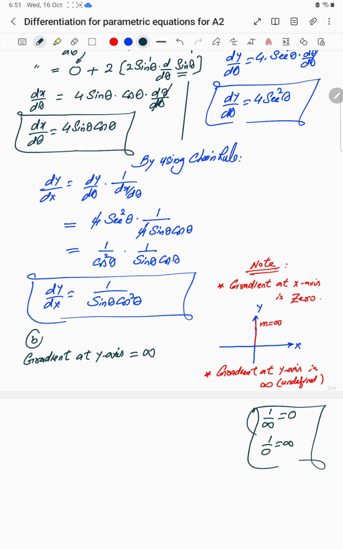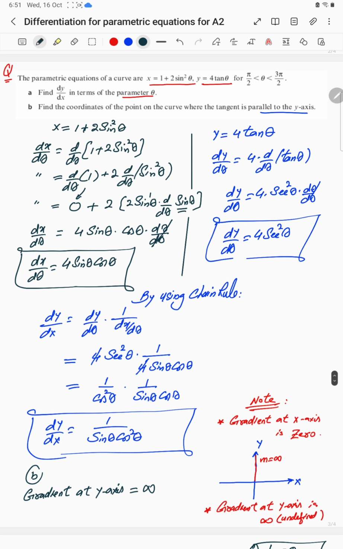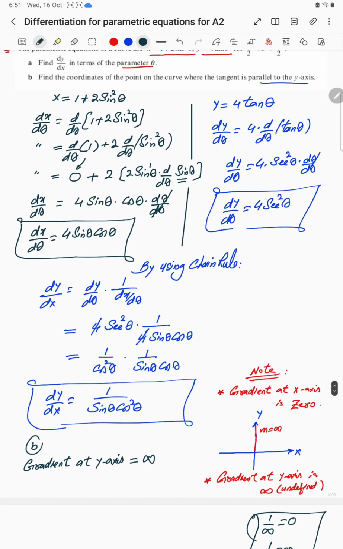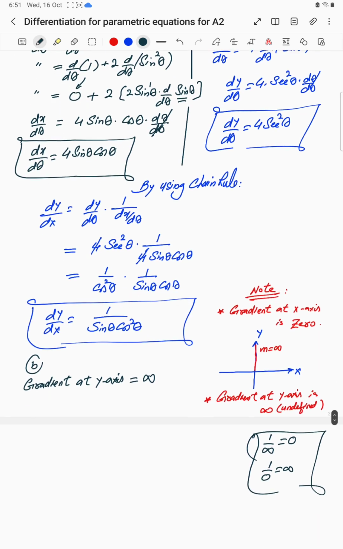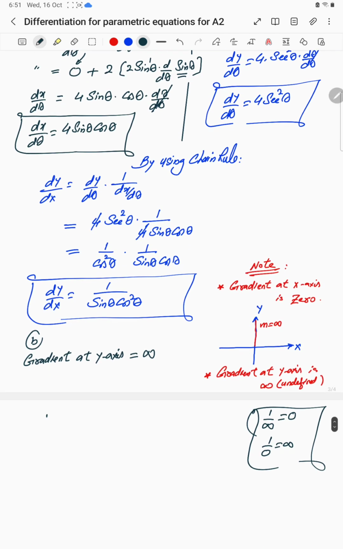So for parallel lines, the gradient of the curve, which we have calculated, and the gradient of the tangent are equal.